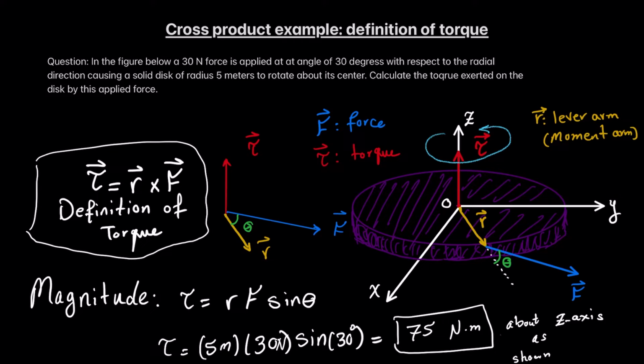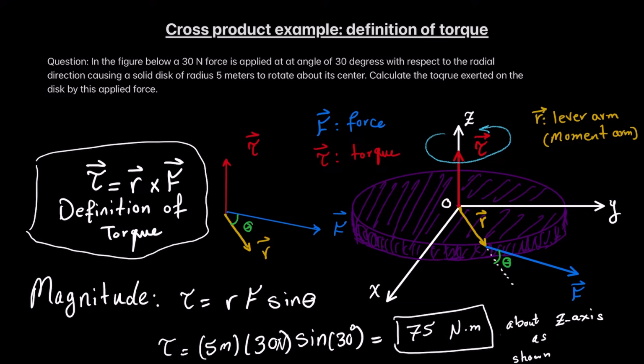So in this question, we have a figure, a disk here, and there is a force at an angle. The question says, in the figure below, a 30 Newton force is applied at an angle of 30 degrees with respect to the radial direction. The radial direction is in the direction of the radius.